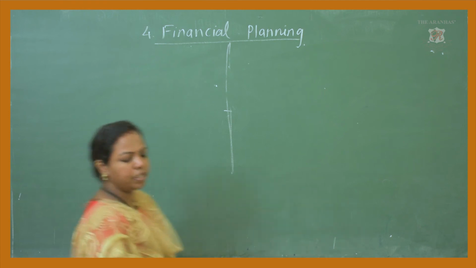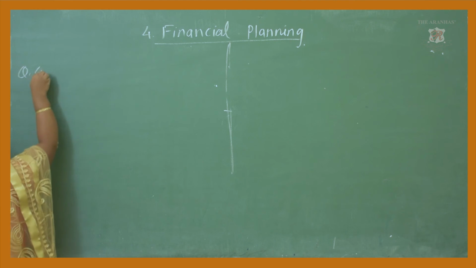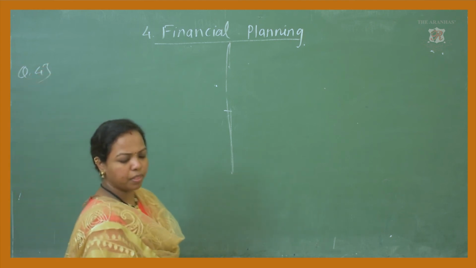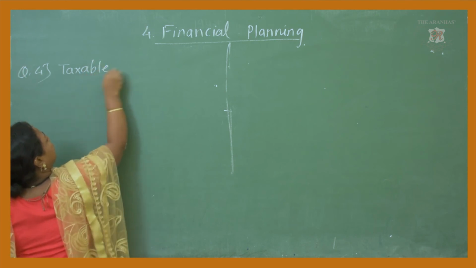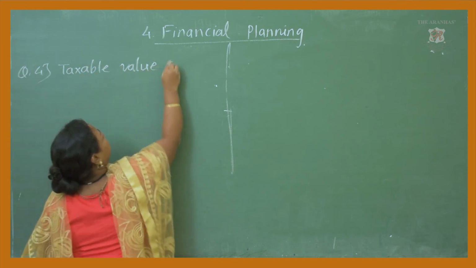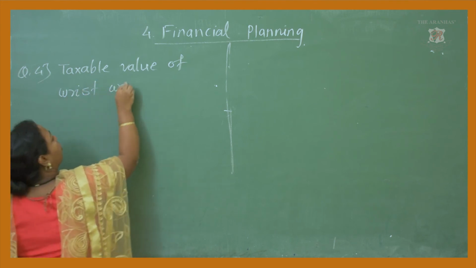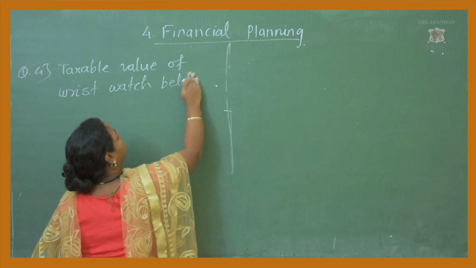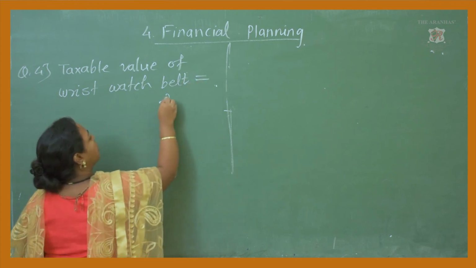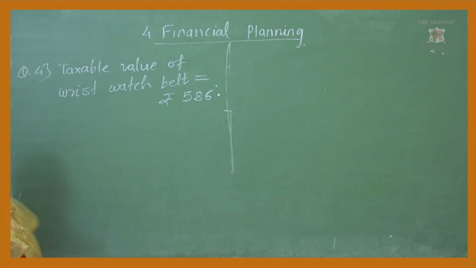Question number 4: the taxable value of the wristwatch belt is rupees 586.